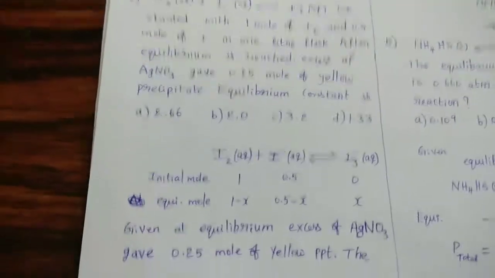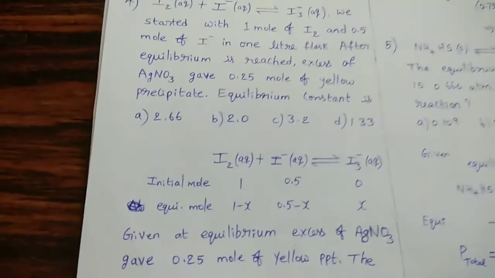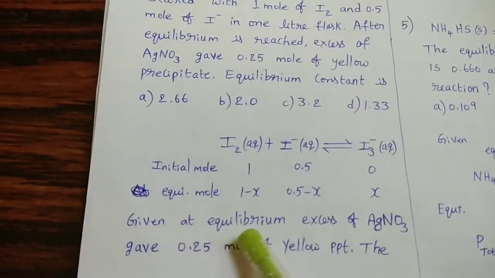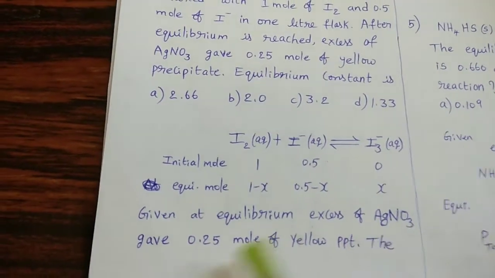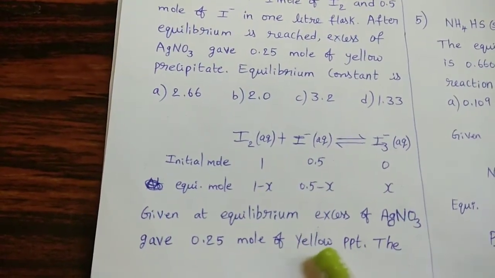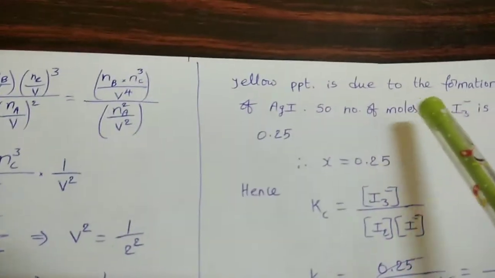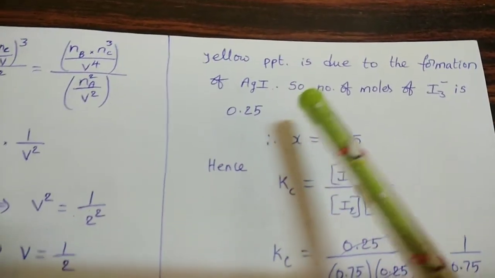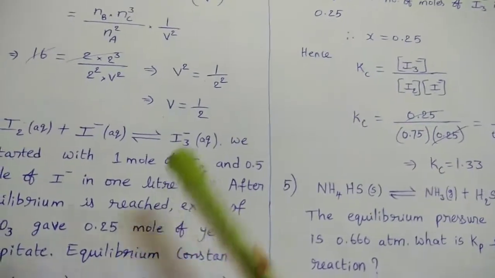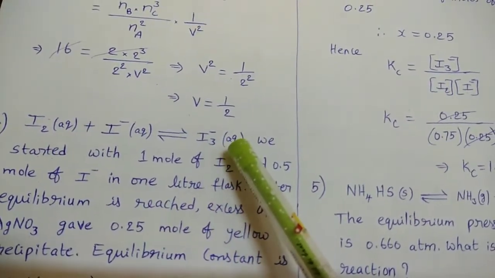Now see this, there is a condition given in the question. At equilibrium, excess of AgNO3 gave 0.25 mole of yellow precipitate. The yellow precipitate is due to the formation of AgI, because AgNO3 is added to this reaction mixture.